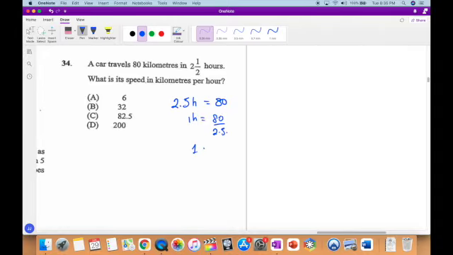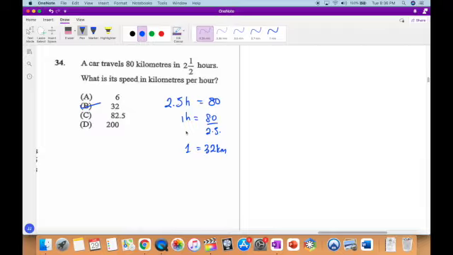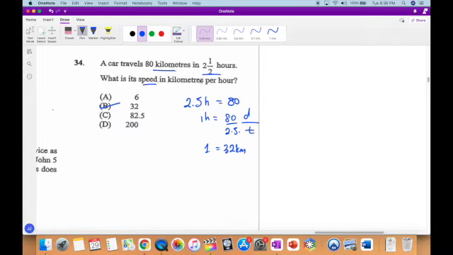So in 1 hour he would have gotten, well, 80 divided by 2 is 40. So 80 divided by 2.5 will be a little less than 40, so around 32. Yes. So 32 kilometers per hour. And of course we know that speed is actually distance over time, which is what we ended up doing there. Calculate the speed, distance over time.